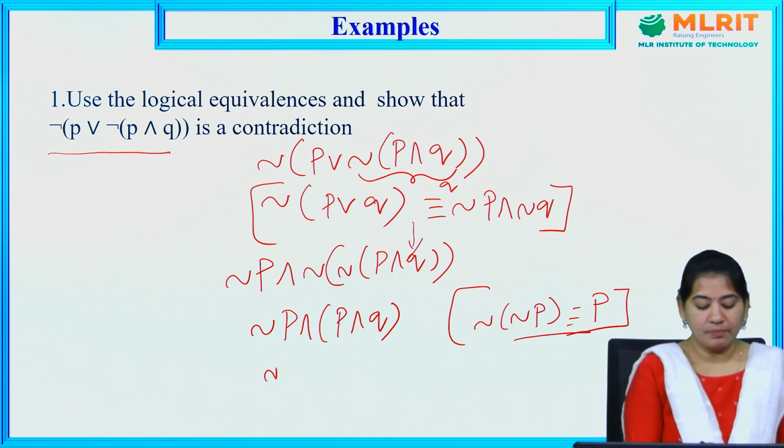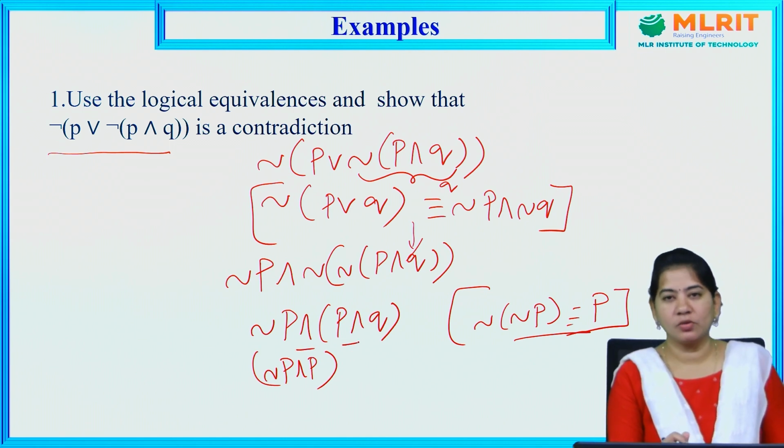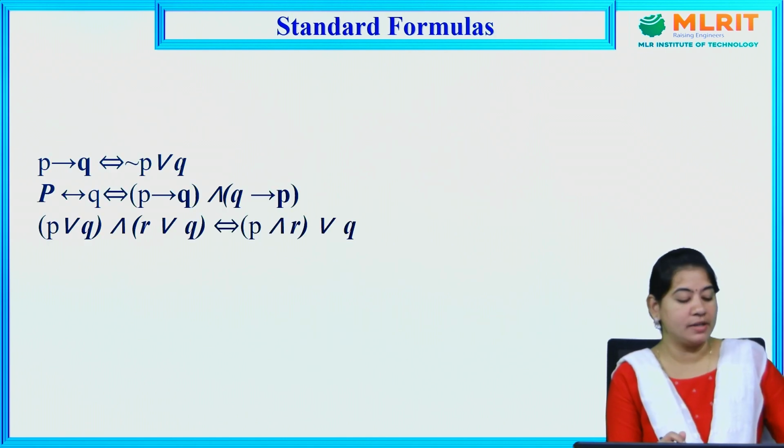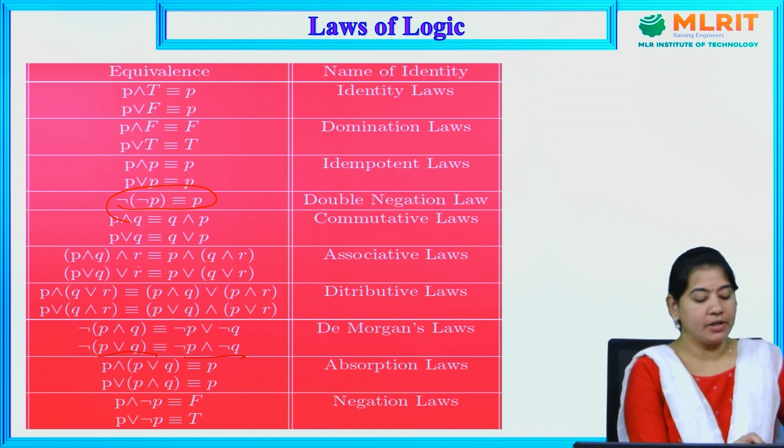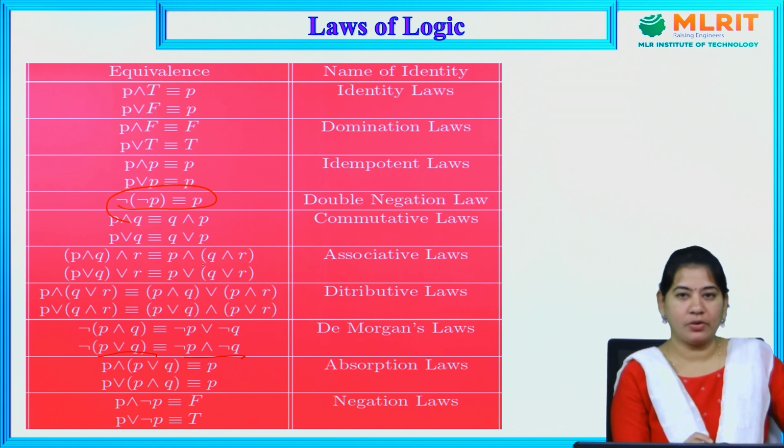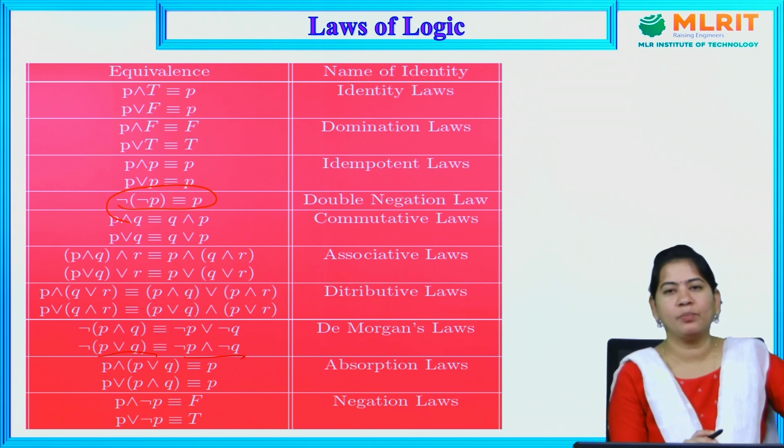Now here negation P and P. As we have the two connectives same, you can apply the associative law. Associative law is here (P and Q) and R is equivalent to P and (Q and R). Means you can group any pair of variables if you have the same connective.